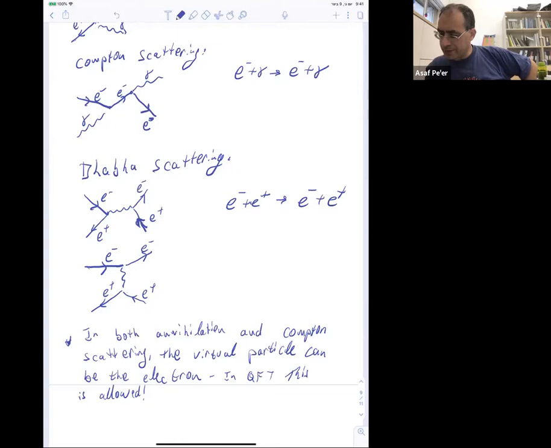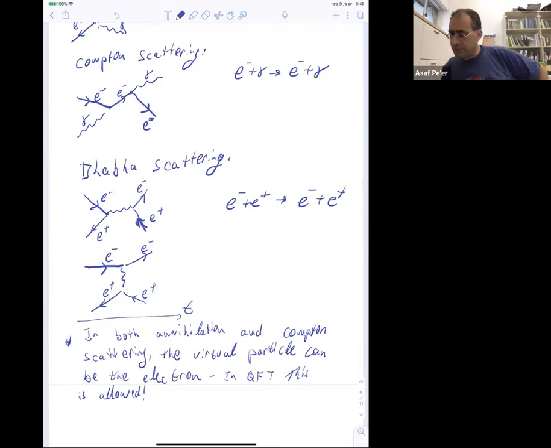For the Bhabha scattering, I wrote it down with two different Feynman diagrams because they are inherently different. Remember, time goes in this direction. Here we have an electron and a positron. They merge, producing a photon. The photon then disappears, producing a new pair of electron and positron.